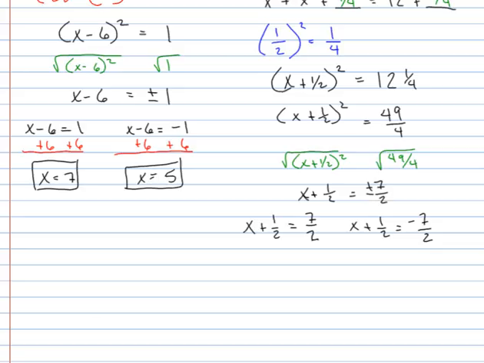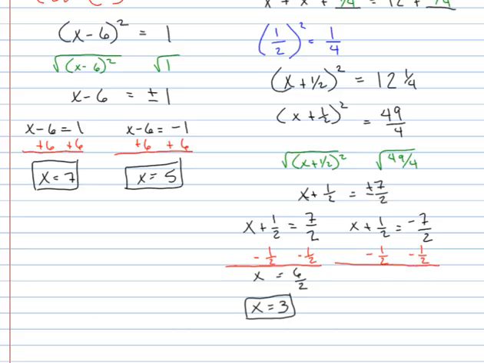The one on the left, I do minus 1/2, minus 1/2. And I have x equals 6/2, which then tells me that x is equal to 3, because 6 divided by 2 is 3. The one on the right, minus 1/2, minus 1/2.